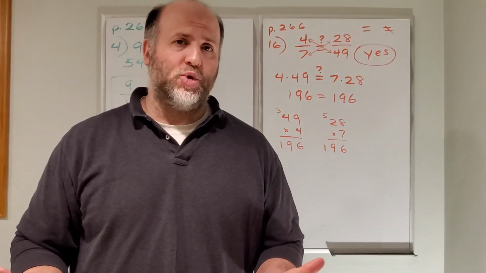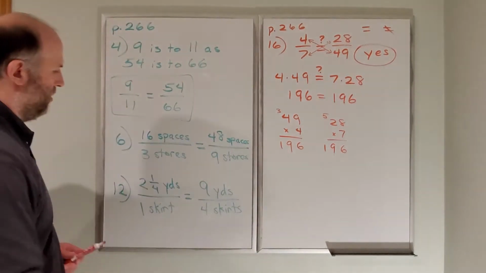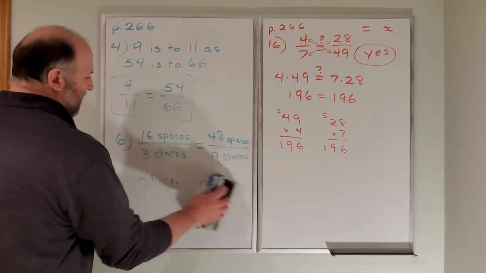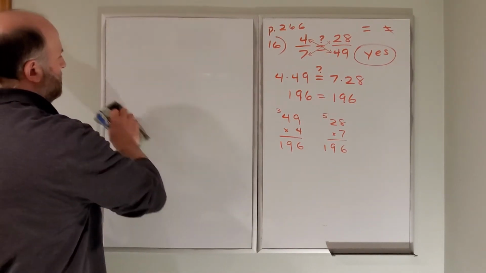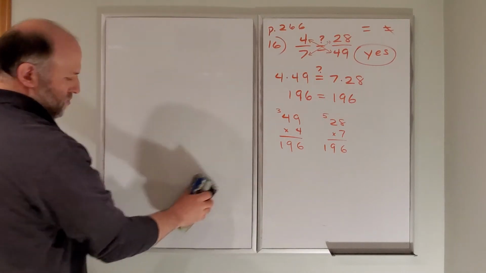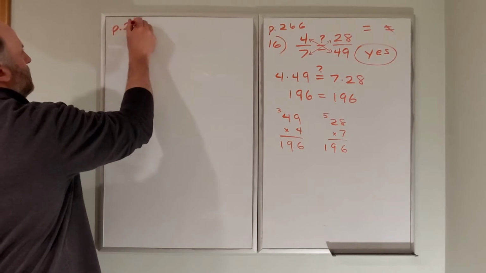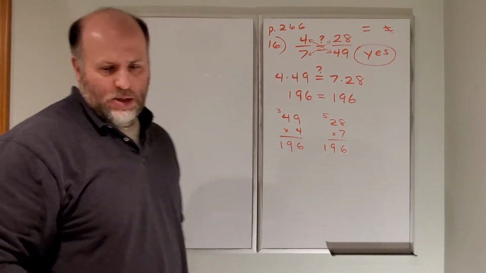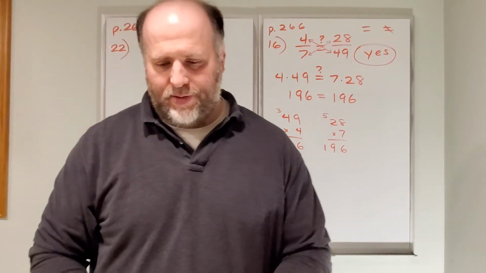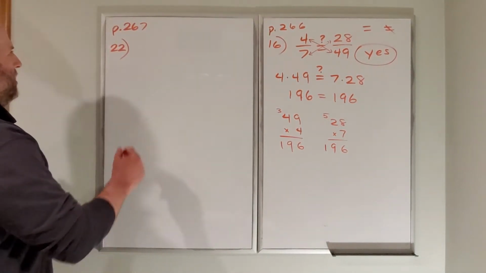What about problem 22 at the top of page 267? Is that a valid proportion or not? Okay, so here we have 13 is to 37 as 15 is to 39.